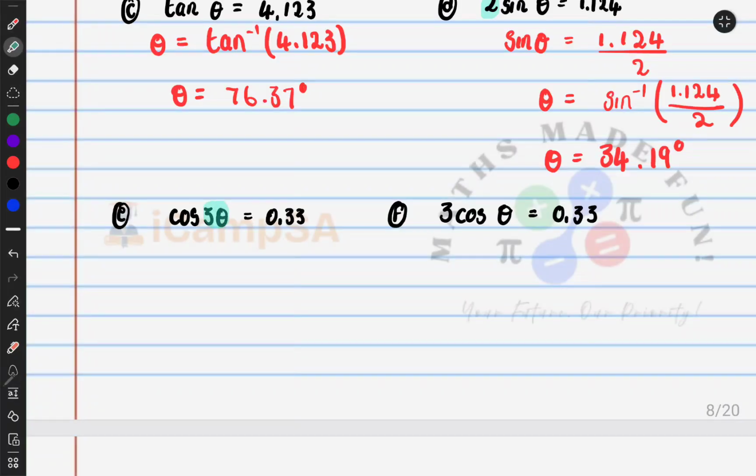That 3 theta is the entire angle that gives us 0.33. So when we change cos to cos inverse, we don't include that 3, but instead we leave it this side with 3 theta is equal to, you follow the steps to make cos inverse, and then you insert the ratio, which is 0.33. But we are looking for angle theta.